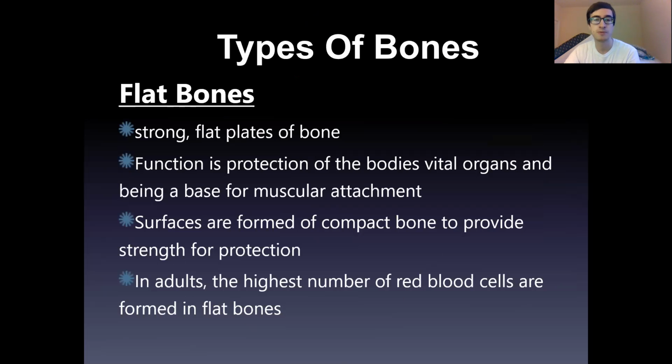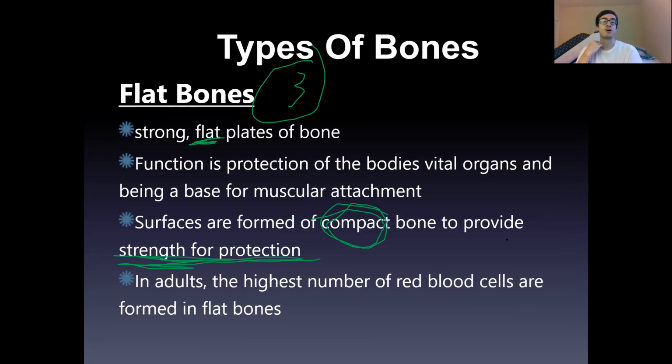Our third type of bone is the flat bone. These guys are kind of like the armor plating of our body. So just like the name suggests, it is very flat. And because of that, it's mostly this compact bone. So it is very strong.